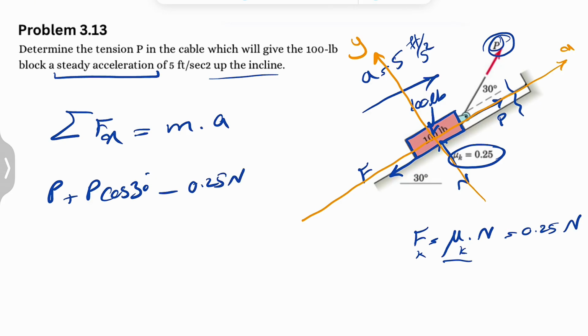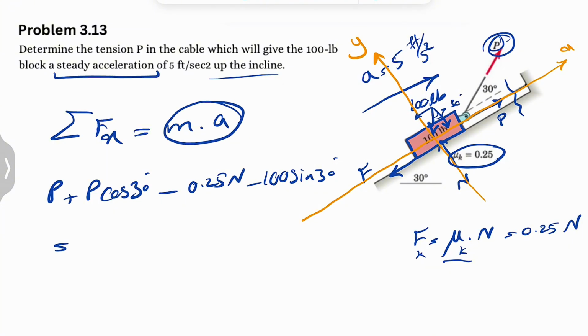And we're going to have the x and y components of the 100 pounds. So this is going to be the x component. Because that angle is 30 degrees, this angle right here would also be 30 degrees, and the sine of that angle would be our x component, negative 100 sine of 30 degrees. And that's all the forces that we have, and this will be equal to mass times acceleration.